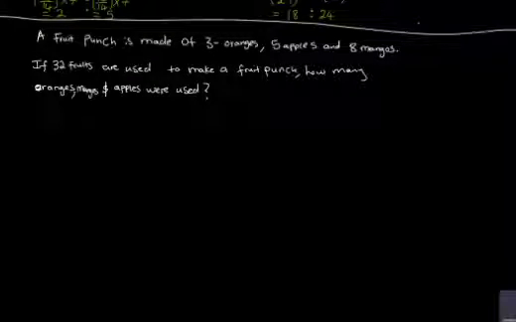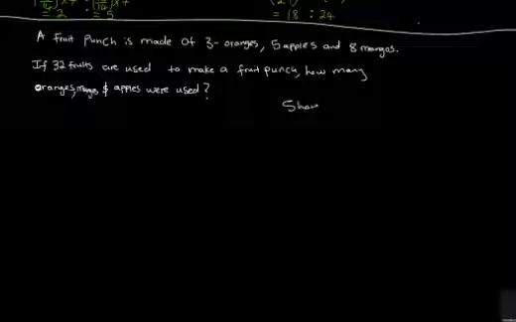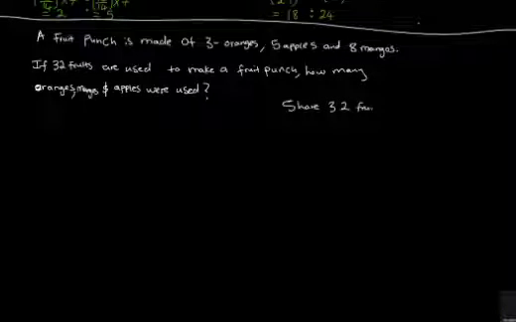What if you were told a fruit punch is made of 3 oranges, 5 apples, and 8 mangoes? If 32 fruits are used to make a fruit punch, how many oranges, mangoes, and apples were used? So what they're telling you is share 32 fruits according to the ratios of those fruits.